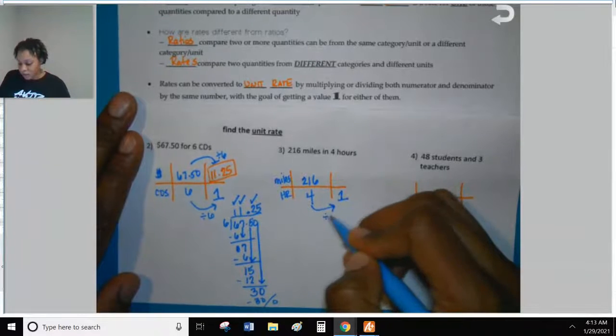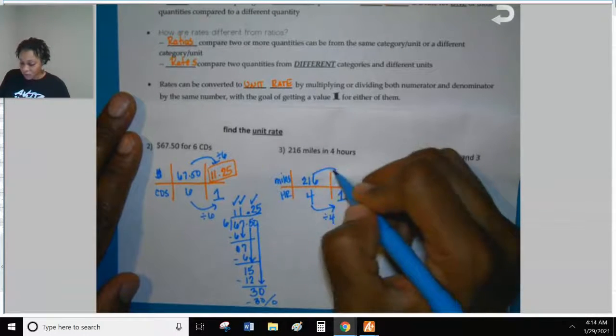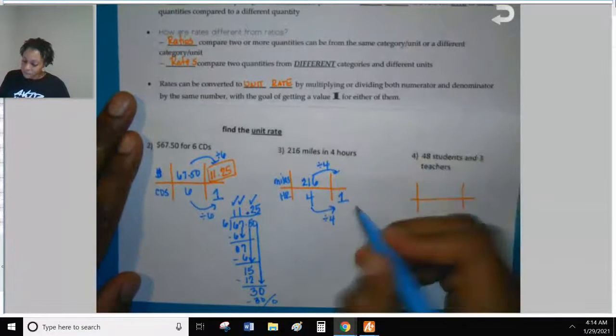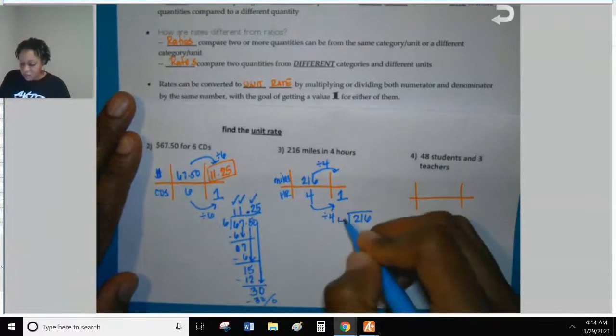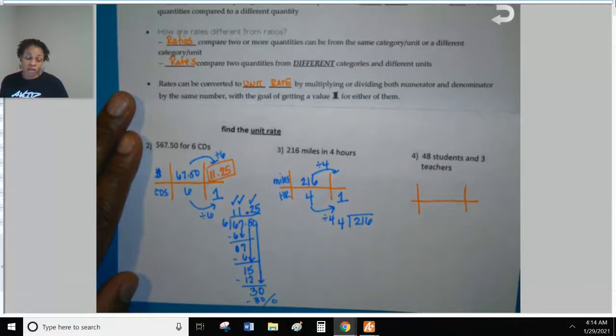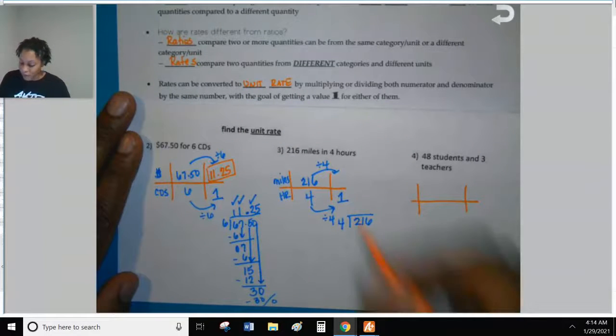Again, divide by 4, divide by 4. Again, T-bow, okay? So if you guys haven't been practicing with your multiplication, now is the time to practice division and multiplication. You need to bone up on it because we're going to be doing lots of it this unit, okay?